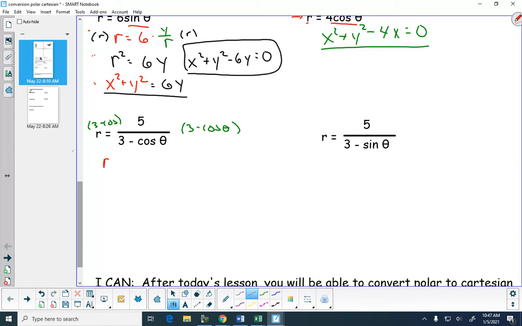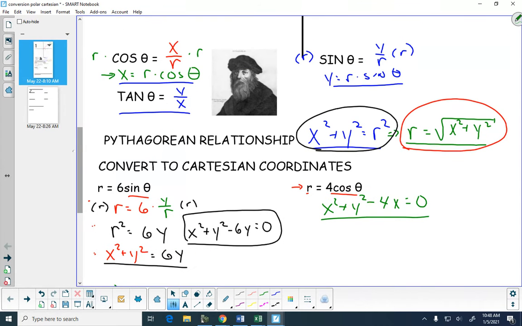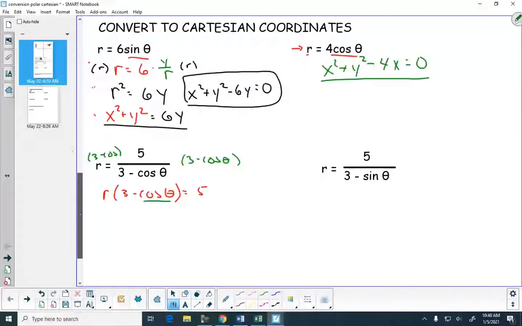So we're left with r times 3 minus cosine of theta is equal to the value of 5. Now let's do the exact same substitution and get rid of the cosine. From what we did up above, cosine is equal to x over r.